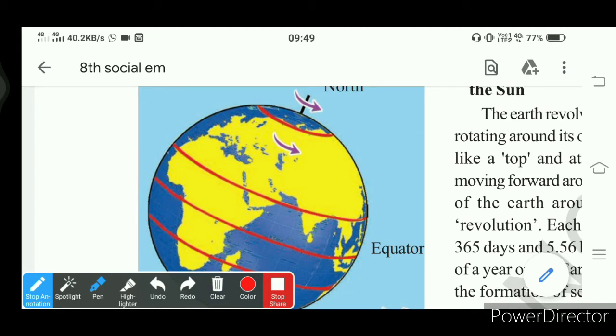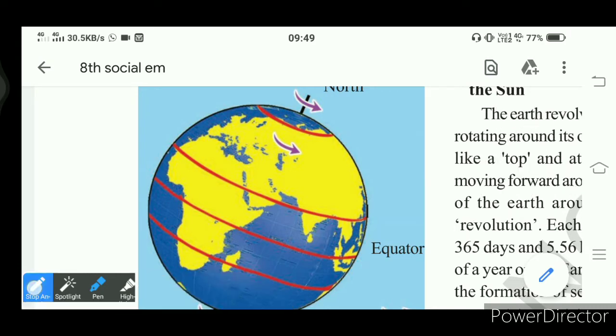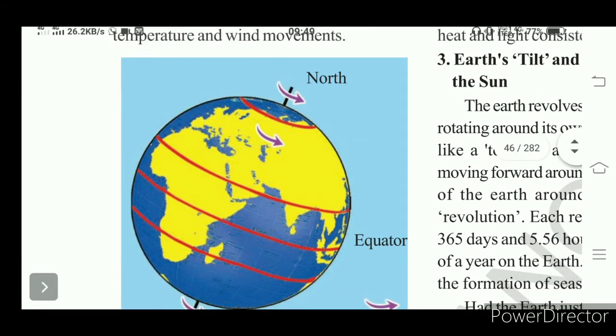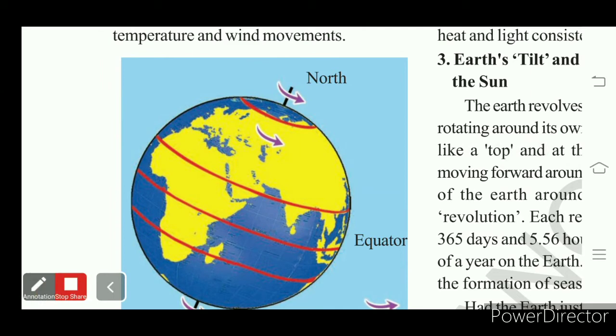But the earth is not constant, it is rotating and revolving. So while rotating and revolving, the portion of the earth, that means the area of the earth which faces directly to the sun, changes every moment, right? Throughout the year we see the area facing towards the sun keeps on changing, right?